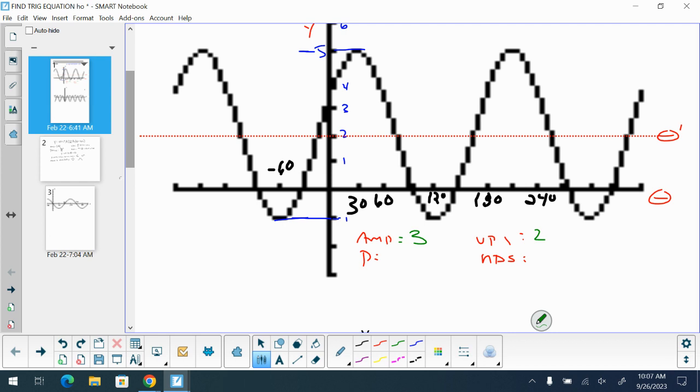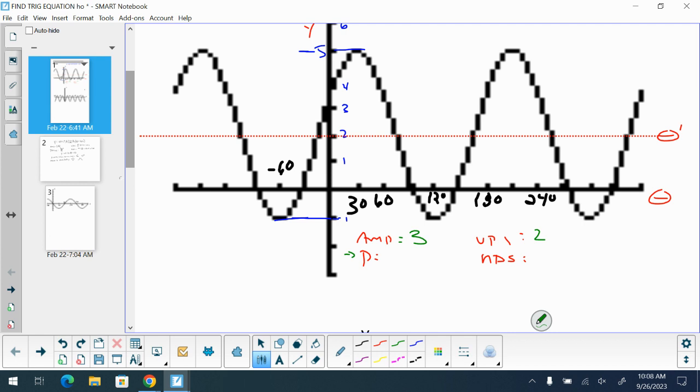Need to calculate the period. By definition, a period was a portion of the graph to another portion of the graph where the graph starts to repeat itself. My suggestion to you is to go from peak to peak or valley to valley, whichever one gives you numbers at the bottom.